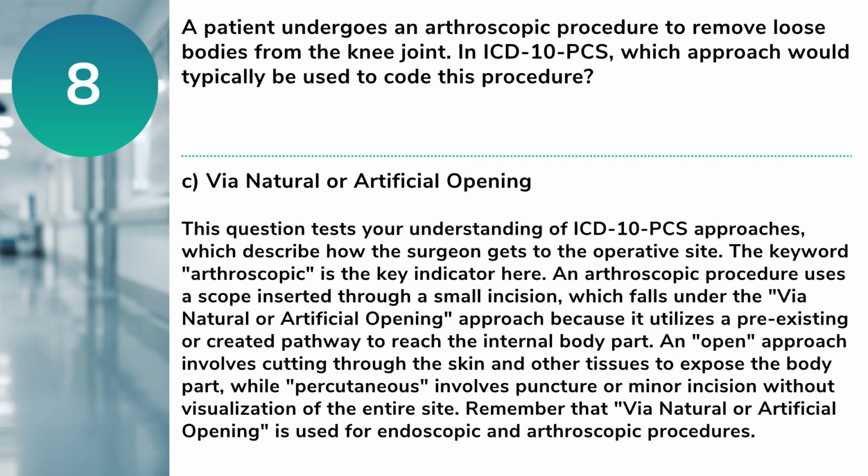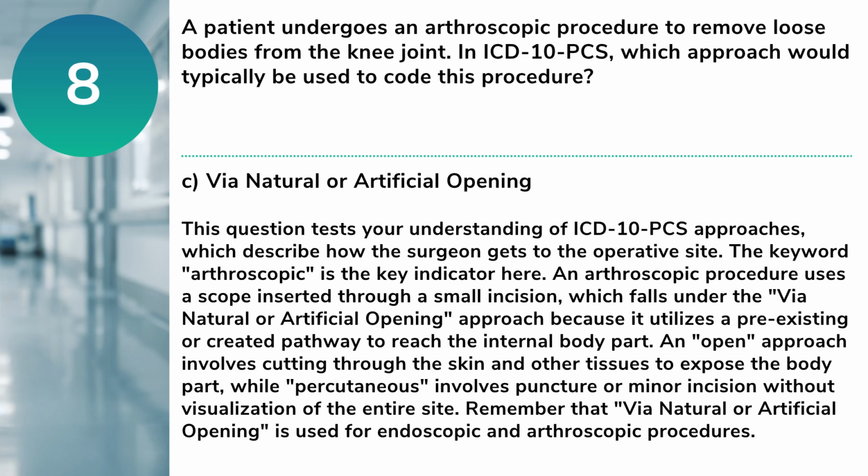Answer: C. Via natural or artificial opening. This question tests your understanding of ICD-10-PCS approaches, which describe how the surgeon gets to the operative site. The keyword arthroscopic is the key indicator here. An arthroscopic procedure uses a scope inserted through a small incision, which falls under the via natural or artificial opening approach because it utilizes a pre-existing or created pathway to reach the internal body part.